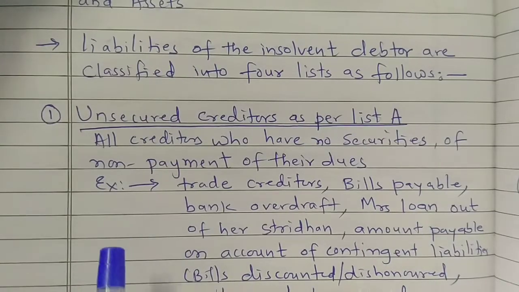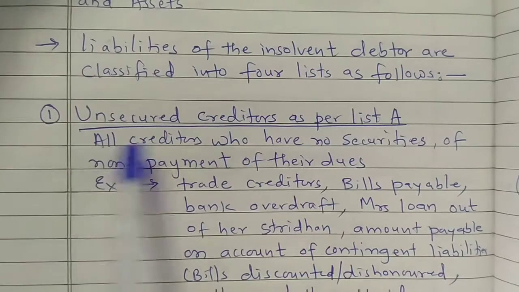Now let's see what we have to add in list A. List A is known as unsecured creditors.